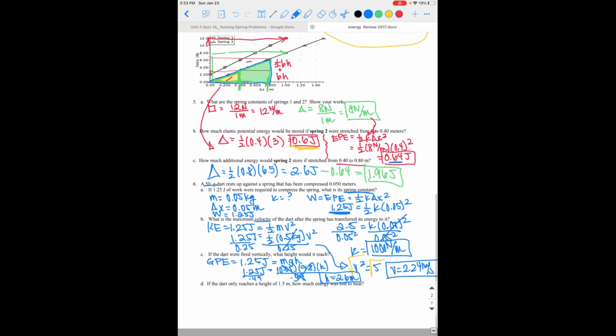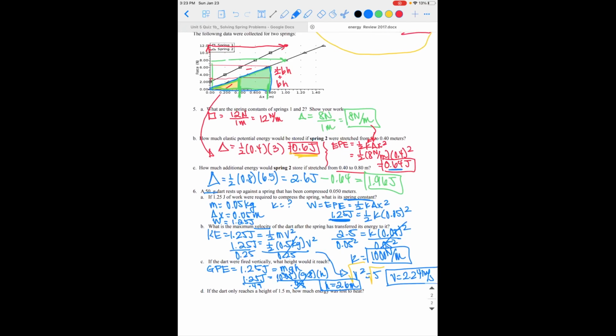Okay, last problem. Dart only reaches a height of 1.5 meters, so this is my height. How much energy was lost to heat? So if energy was conserved, it reached the 2.6 meters, but reality is we've got air resistance, which takes away from the gravitational potential energy, and that converts the energy to heat. So we're going to have less height than we expected.